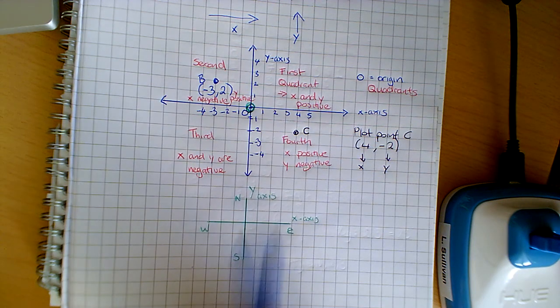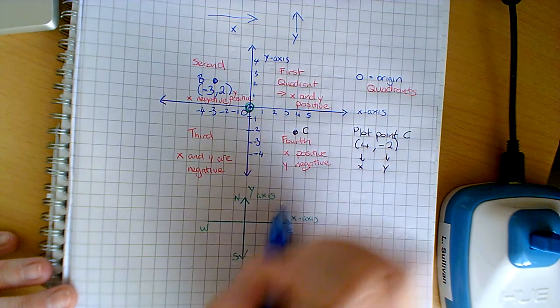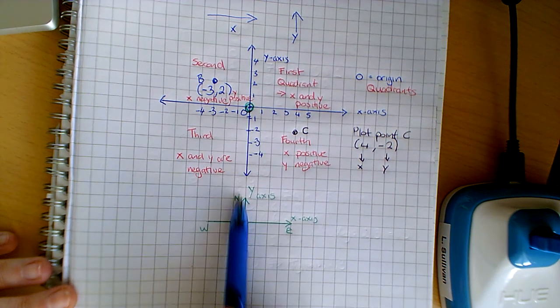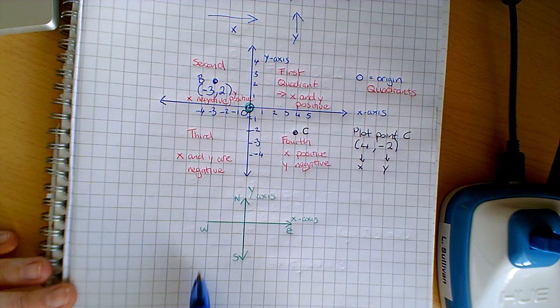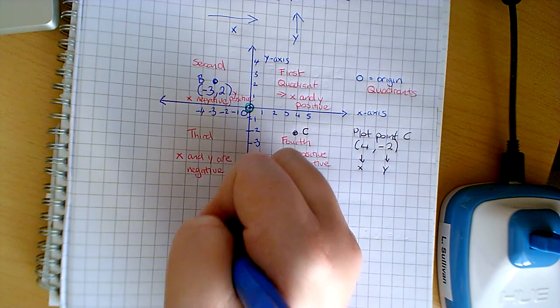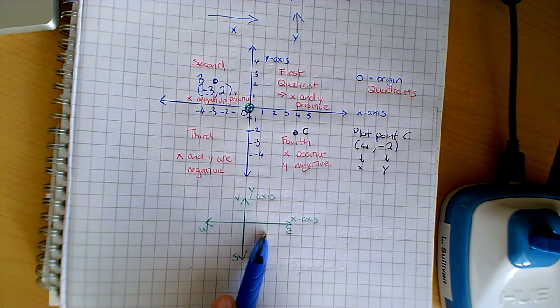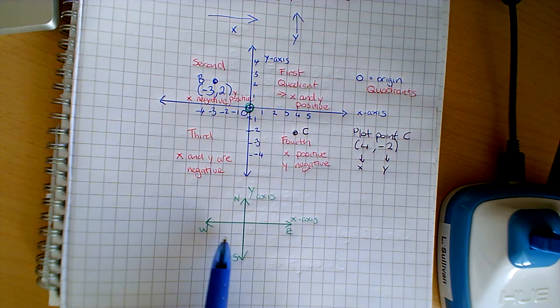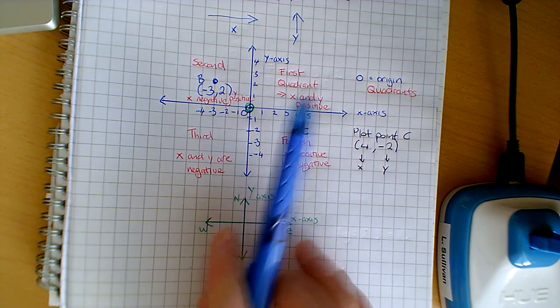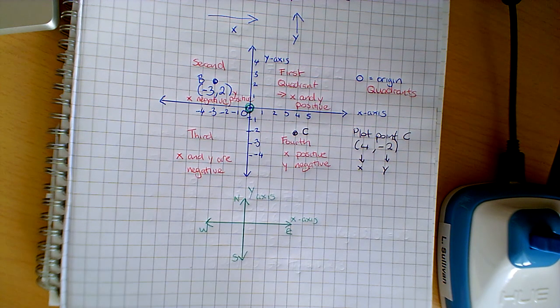Okay? So if you're told that something moves in a northerly direction, it means that you're looking on your y-axis, and if it's in an easterly direction or a westerly direction, it means we look on the x-axis. Okay, so this is the first step in what we need to know about coordinate geometry.